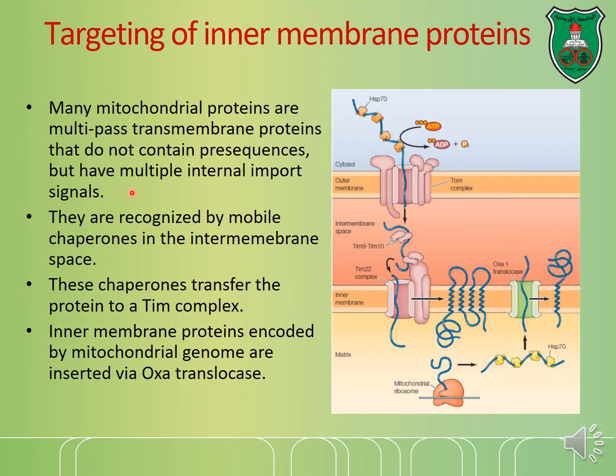Well, some of them have multiple internal import signals, and you have chaperones again that target the proteins inside. They take the proteins inside the mitochondria. Once they get into the TIM complex, and there are several TIM complexes, they recognize that this protein must be inserted into the inner membrane. Now, notice something here.